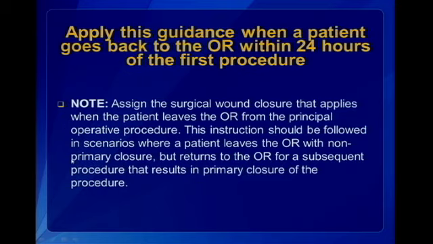Like if they went to the OR and they left the incision open due to swelling, and then they return to the OR 18 hours later to close that incision. So that second procedure is not even going to be in your denominator data. We want you assigning the incisional closure type for the one that is in your denominator data, that first procedure, okay? So that's what this instruction was applying to.